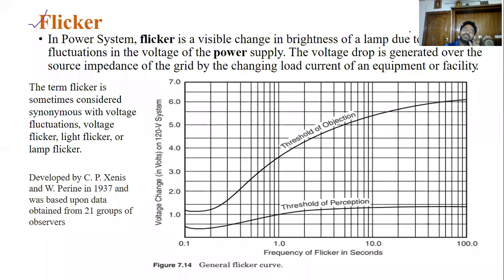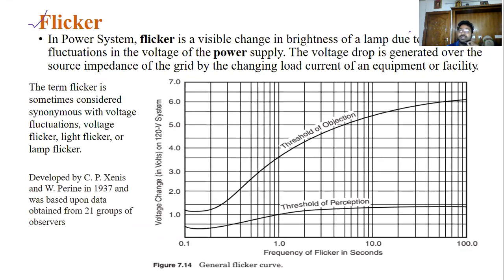When a human eye is able to identify some fluctuations in an incandescent lamp or any other lamp, you can treat it as a power system flicker. A visible brightness change seen by the human eye is a flicker, which is a power quality issue.